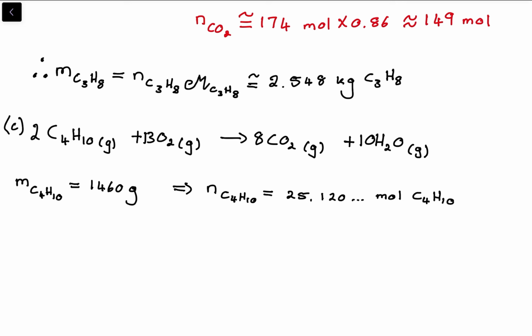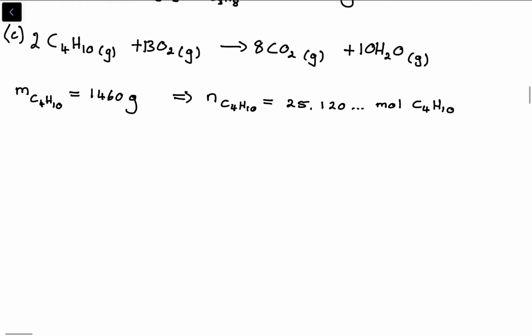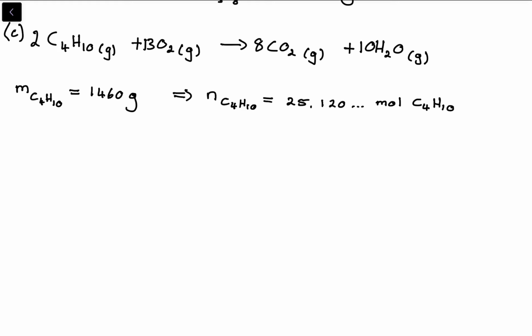Of course, you should be able to calculate the molar mass of butane and then get this number of mole. Right, and then we want to know how many moles of water forms.